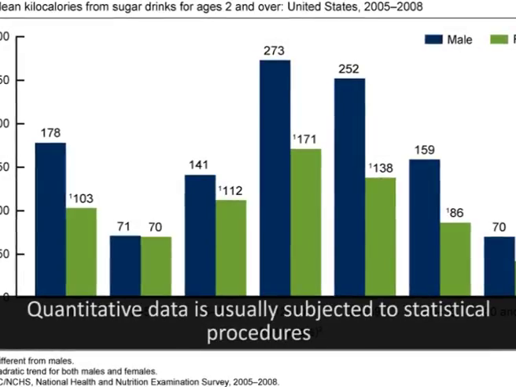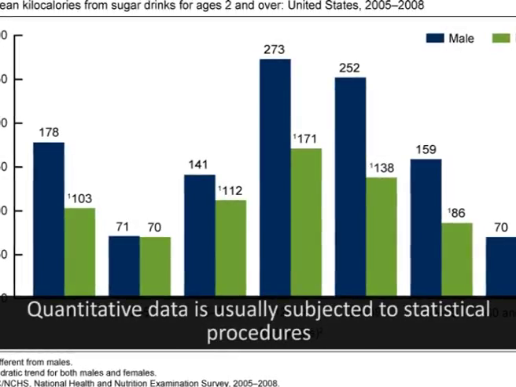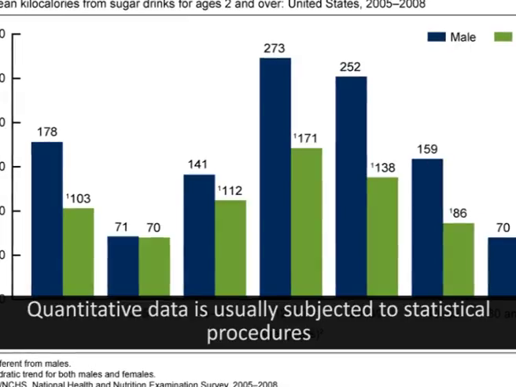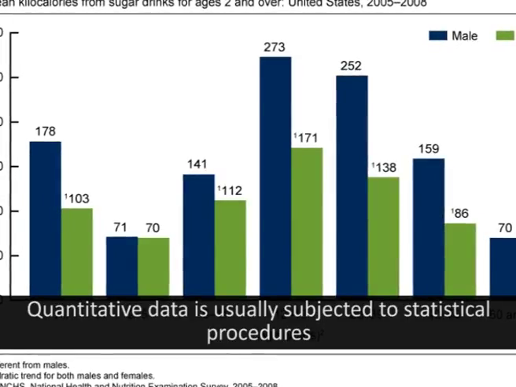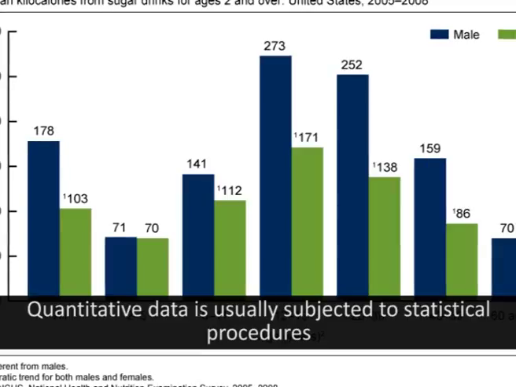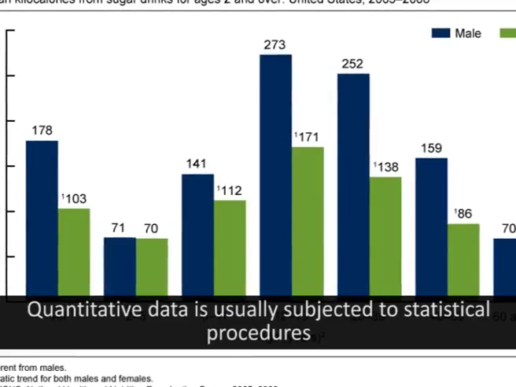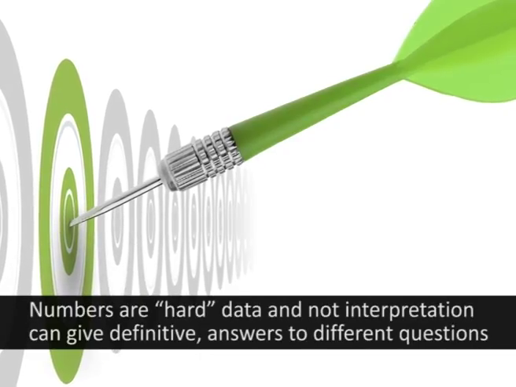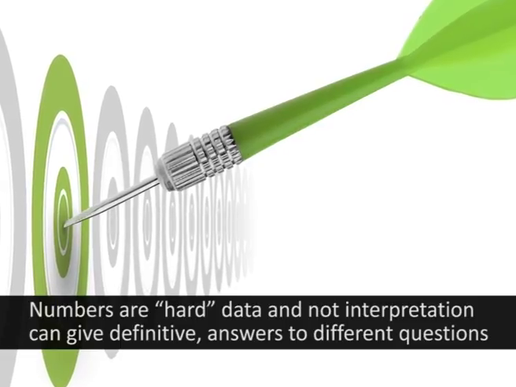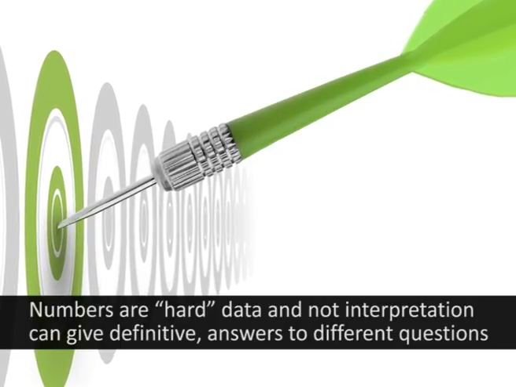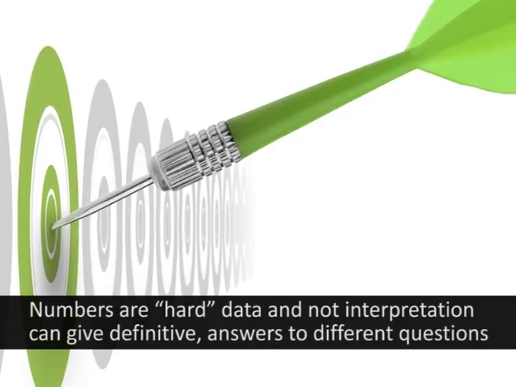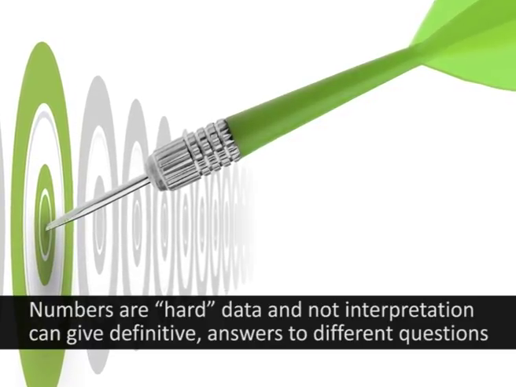Quantitative data is usually subjected to statistical procedures, such as calculating the mean or average number of times an event or behavior occurs per day, month, year. These operations, because numbers are hard data and not interpretation, can give definitive or nearly definitive answers to different questions.